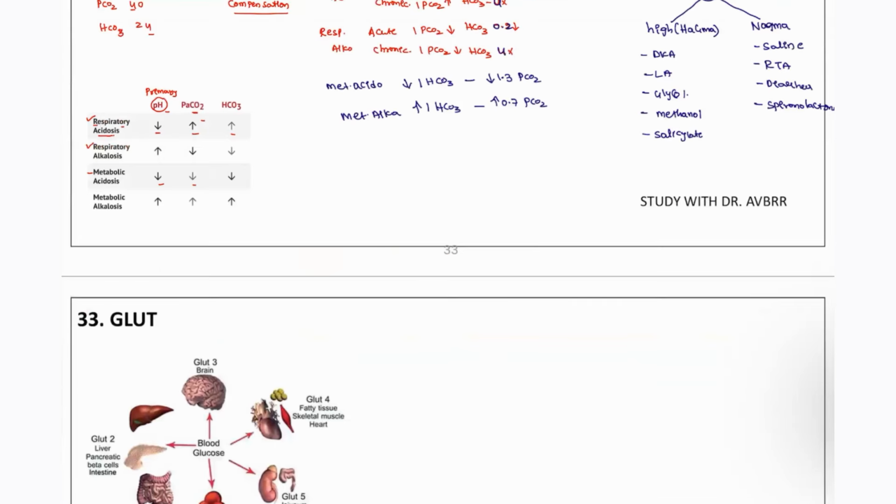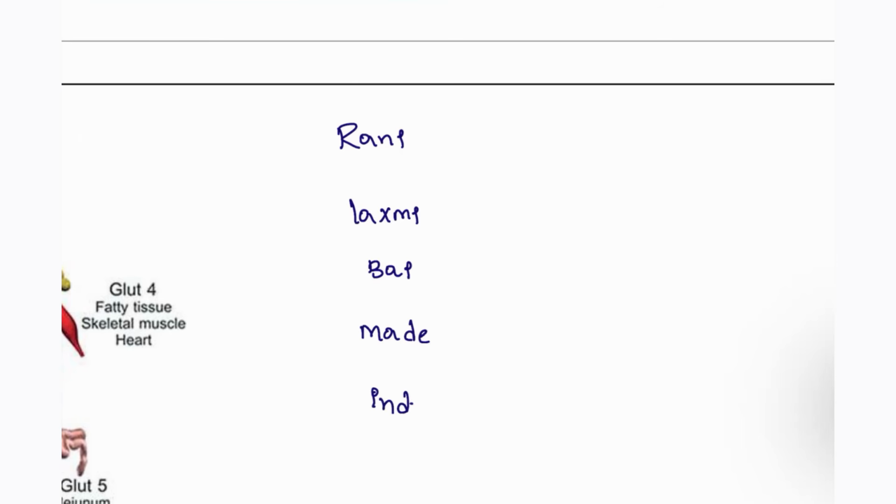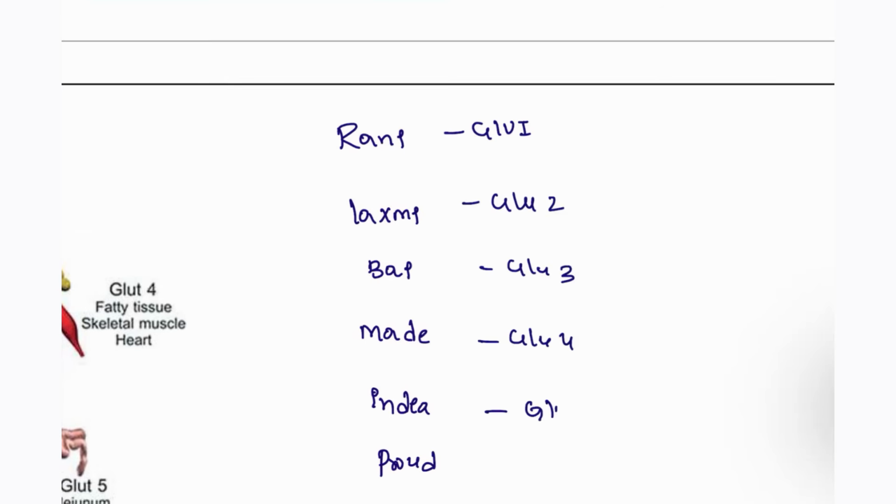So next we will be discussing the GLUT transporters. Remember the mnemonic: Lakshmi Rani Lakshmi Bai made India proud. There are five: GLUT1, GLUT2, GLUT3, GLUT4, and GLUT5.